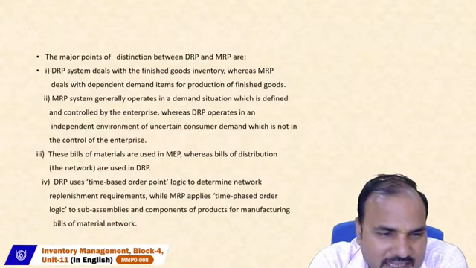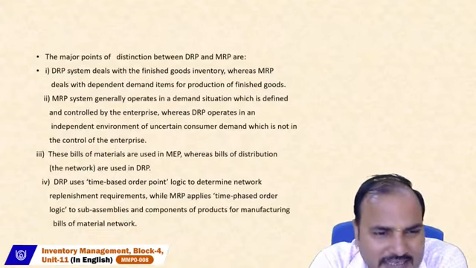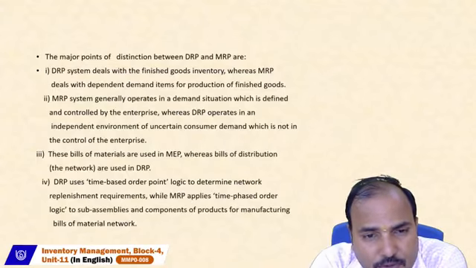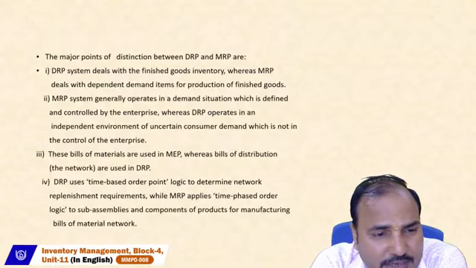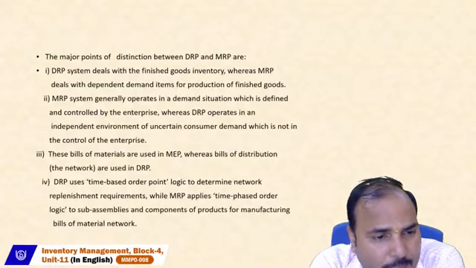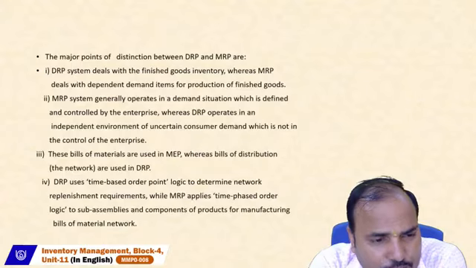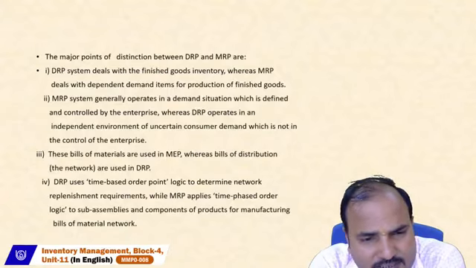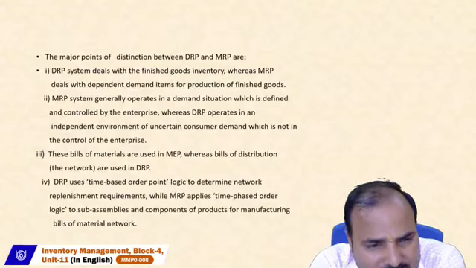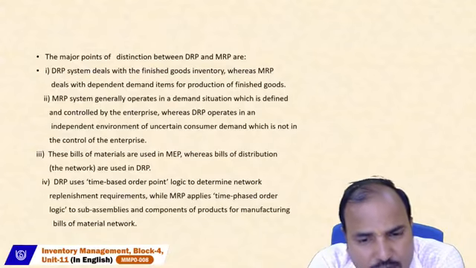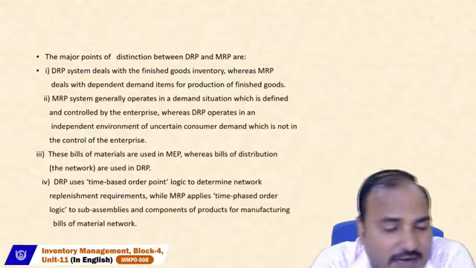Another difference is that bills of materials are used in MRP, whereas bills of distribution are used in DRP. DRP uses time-based order point logic to determine the net replenishment requirements, while MRP applies time-based order logic to sub-assemblies and components of the products for manufacturing through the bills of material network.